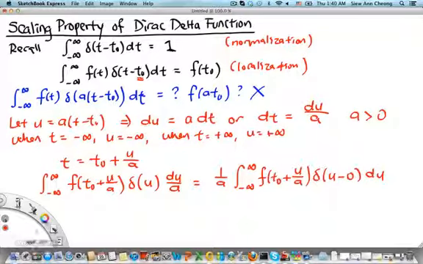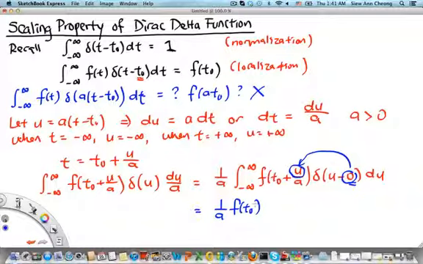Now why do we write the argument of the Dirac delta function as u minus 0? Because this is the value that is going to go into here when we integrate over u. If we substitute 0 into u here, what we will get is f of t naught. So in the end we get 1 over a times f of t naught.